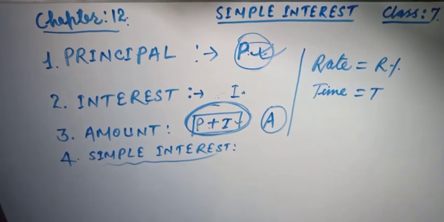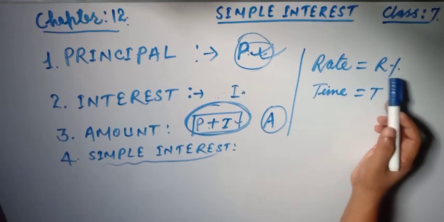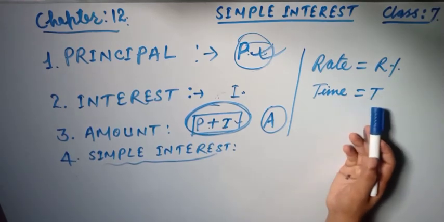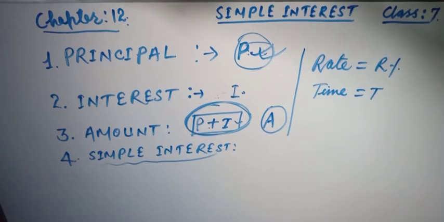Because if we borrow money from others, the other person will give it to you for a given period of time and at a given rate, suppose R percent, and the given time period, say 1 year, 2 years or 3 years. Okay, now we will discuss all this in the questions.